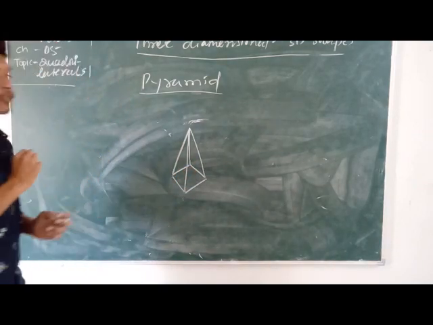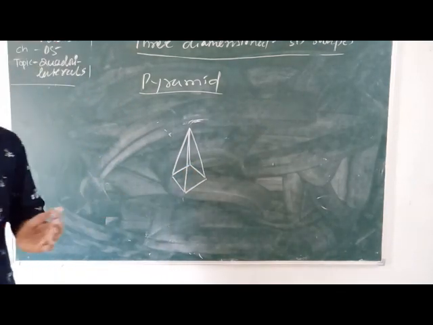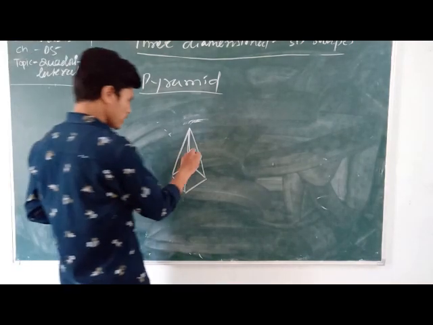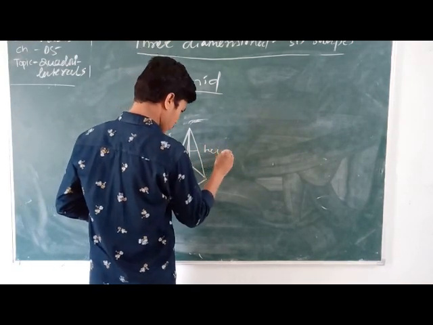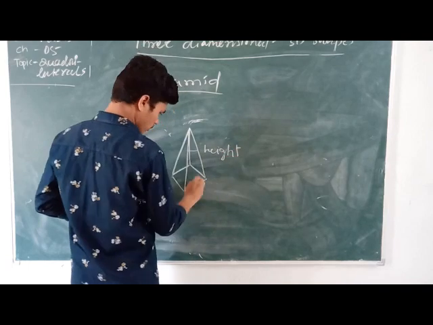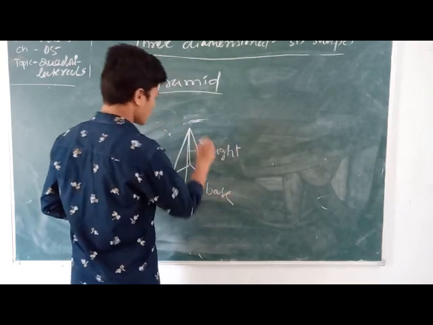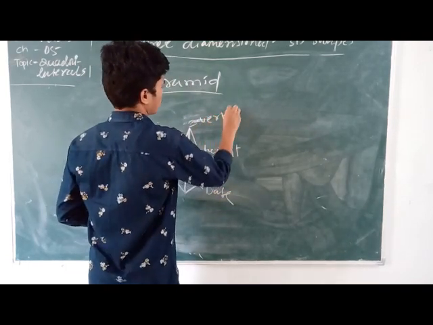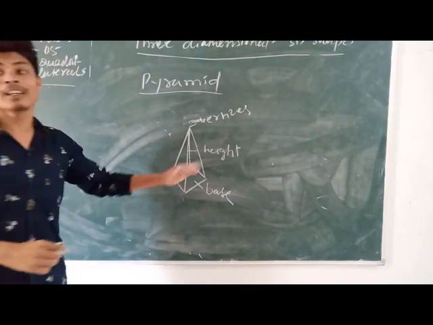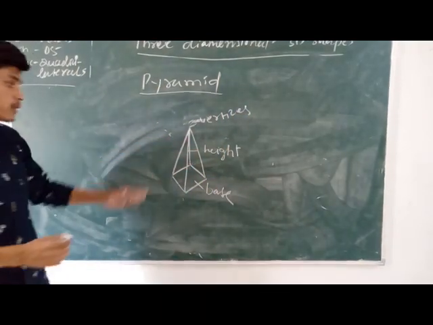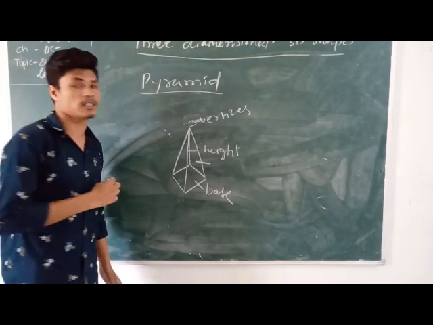Here is the square pyramid. Here also there is a height. Base. Vertex. Here also a lateral face is there.